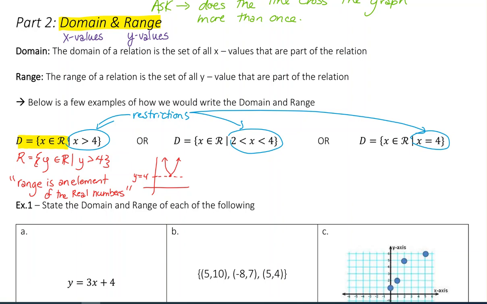So those are your restrictions. That is your range. Okay, this portion here, sometimes you'll have to write the restrictions like this. What this is telling me is x is greater than 2 but less than 4.